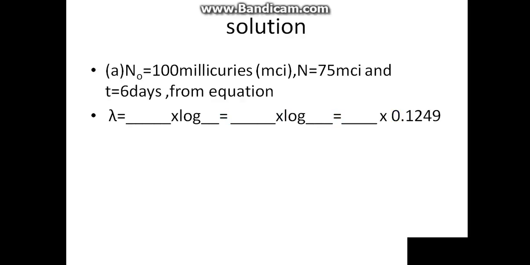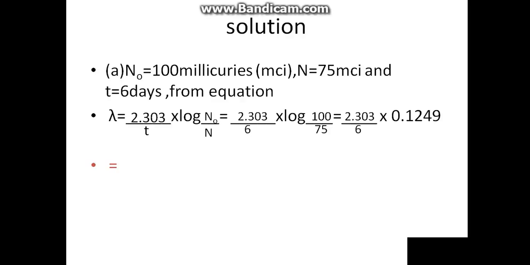From the equation, lambda is equal to 2.303 log of N0 over N, all over t, which is equal to 2.303 over 6 times log of 100 over 75, which gives us 2.303 over 6 times 0.1249.